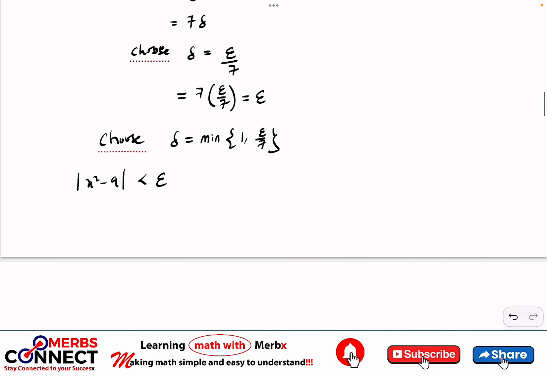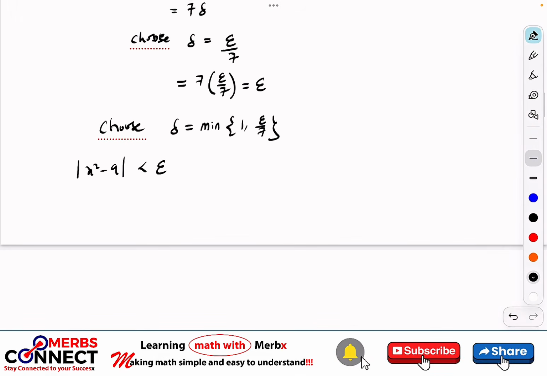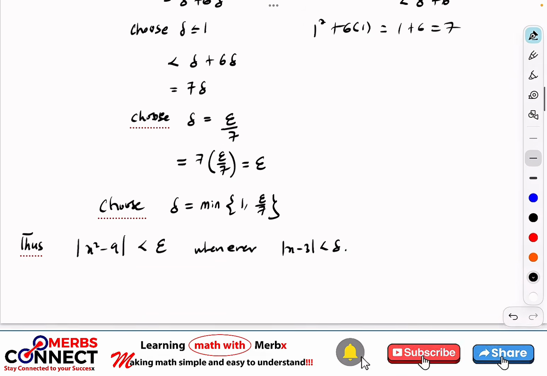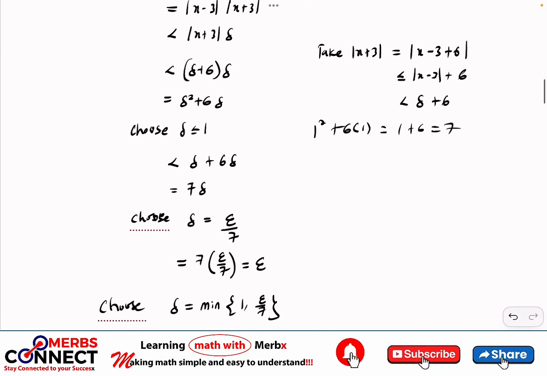So my conclusion, I'm going to conclude that, so I'm going to say that, okay, so thus this is less than this whenever x minus 3 is less than delta, right? So I'm just concluding from here.